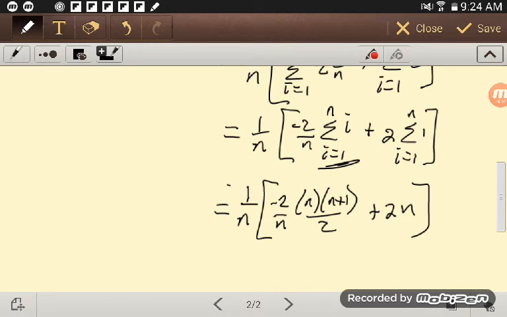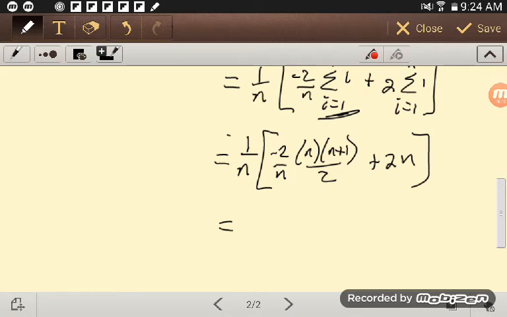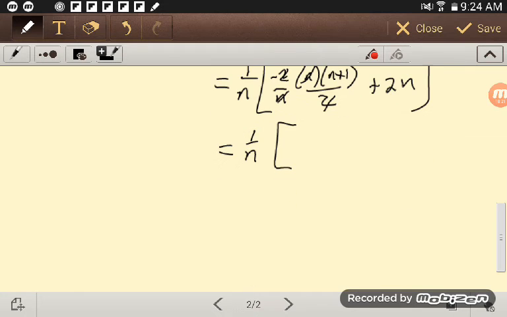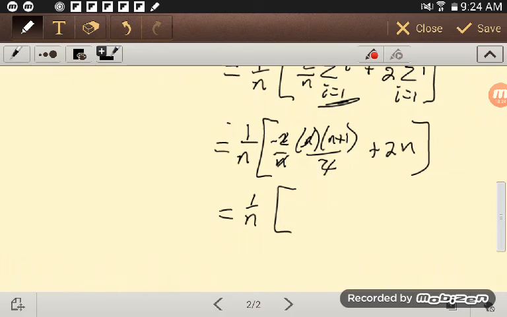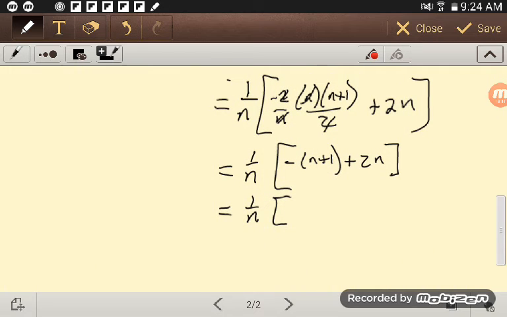As I look at this, I can do some simplification here and there. So this is 1 over n times negative n plus 1 plus 2n. Well, distribute the negative through. I get negative n plus 2n, that's n minus 1.